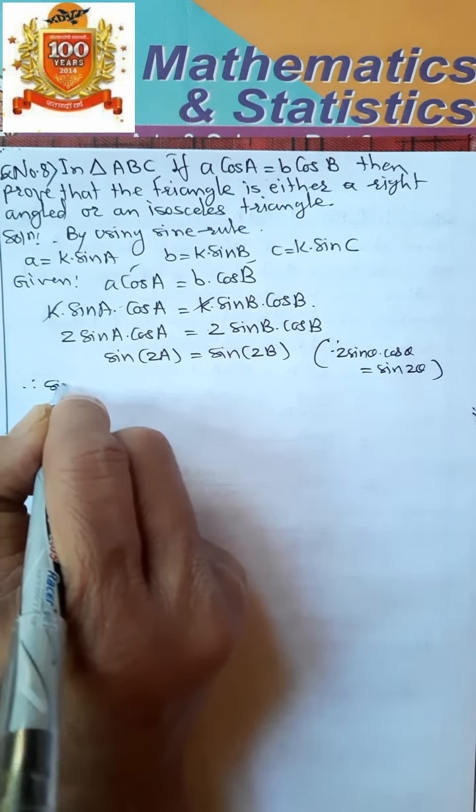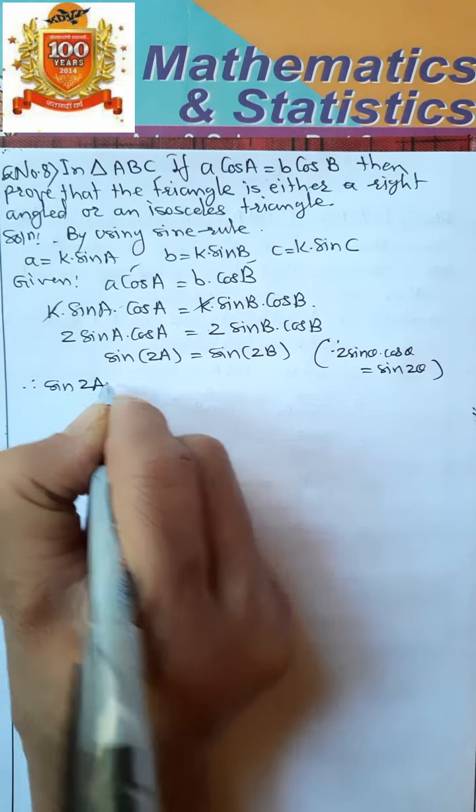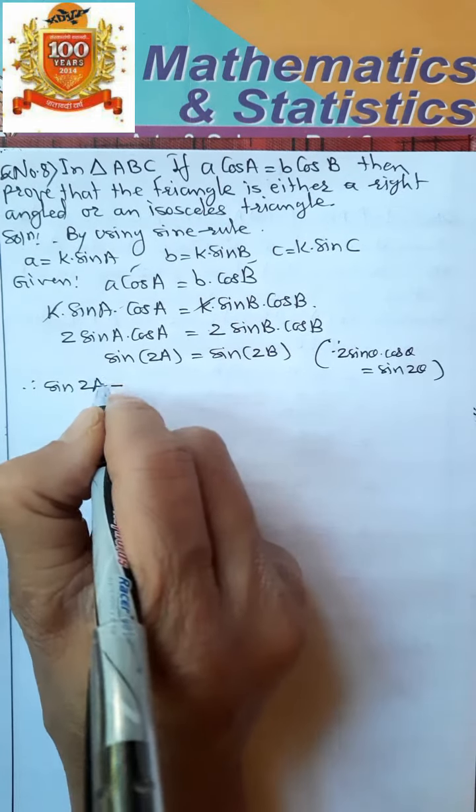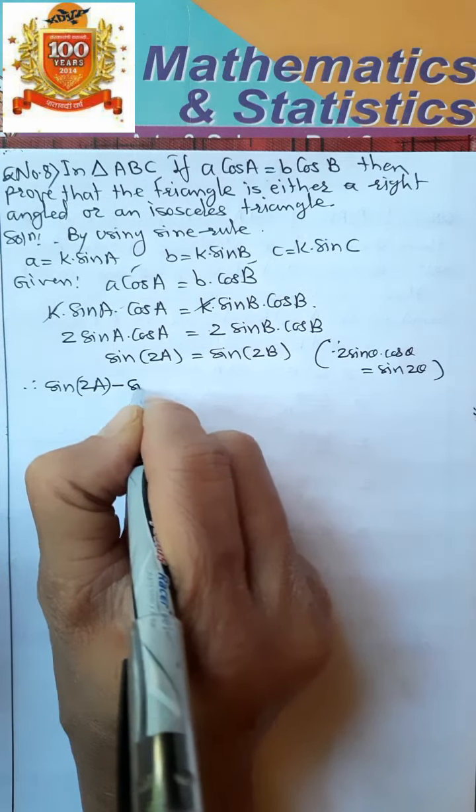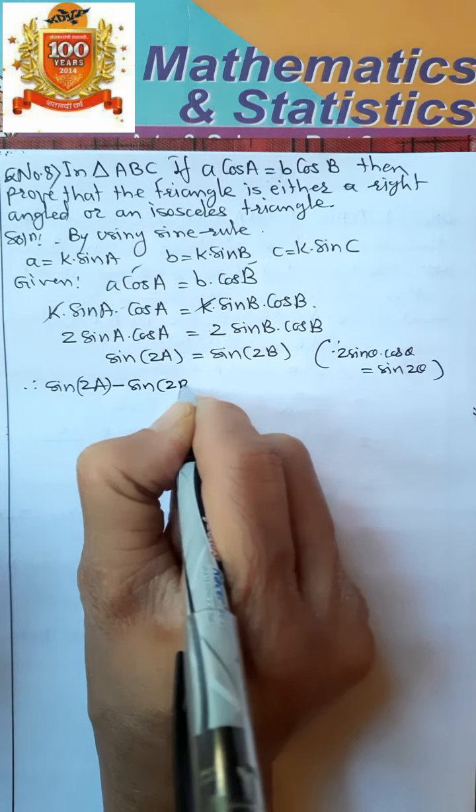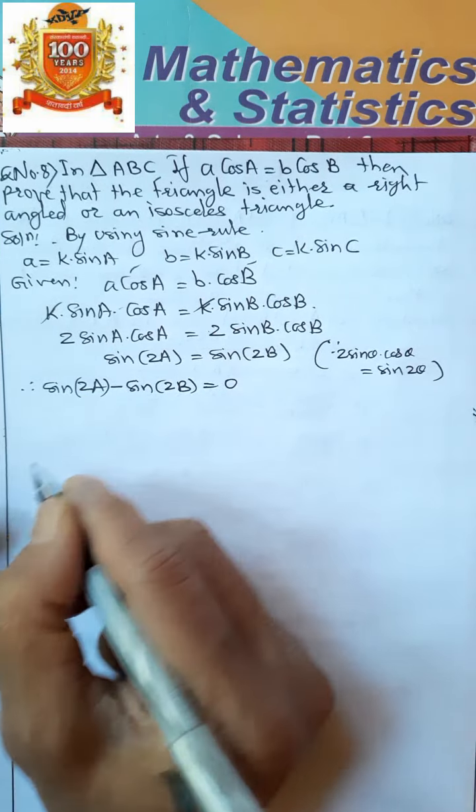Therefore, sin 2A minus sin 2B is equal to 0.